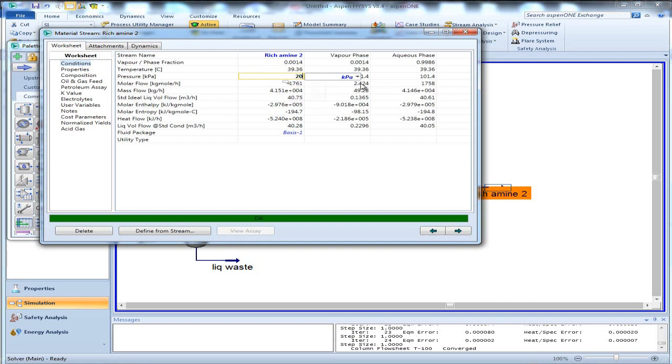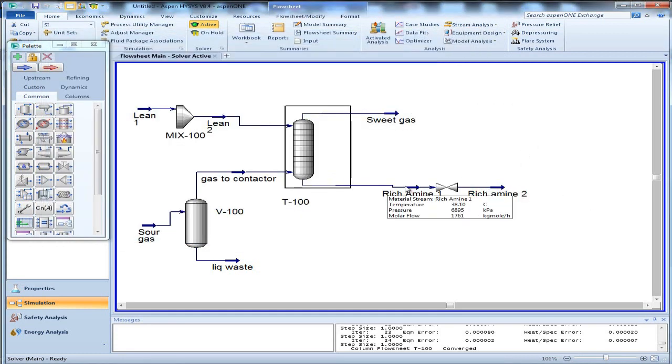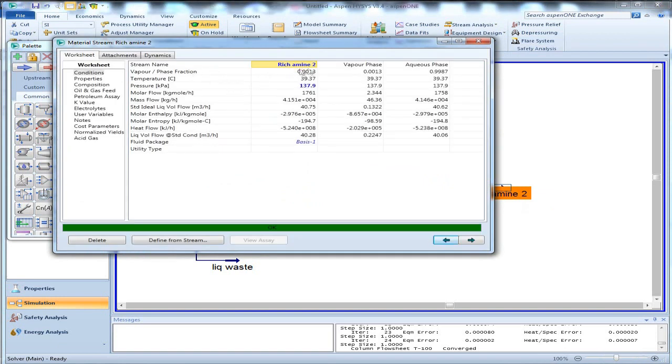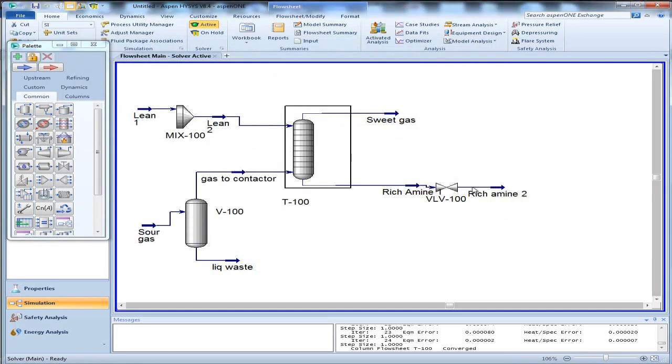Let's put 20 psia. Okay. Now, of course, in this case, after we reduce the pressure, something will be knocked out, released to the vapor phase. Of course, some hydrocarbon. So let's see what it is.